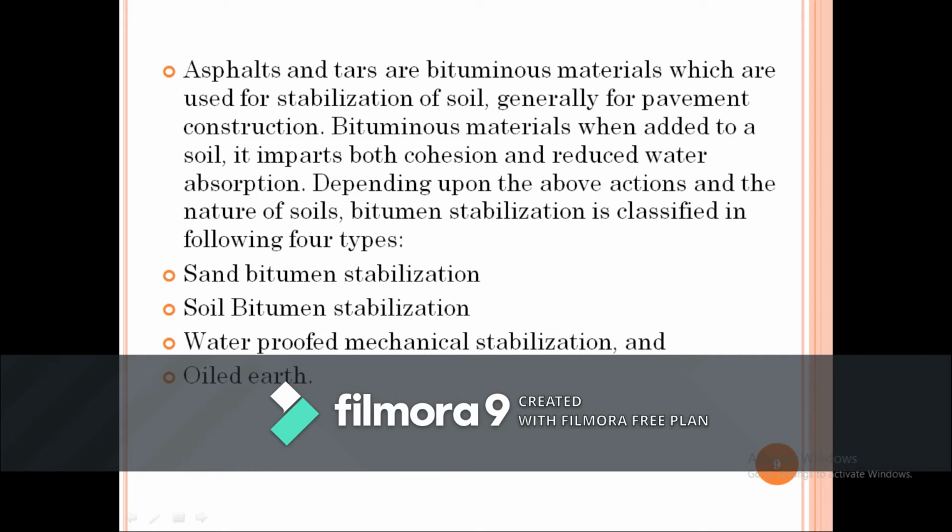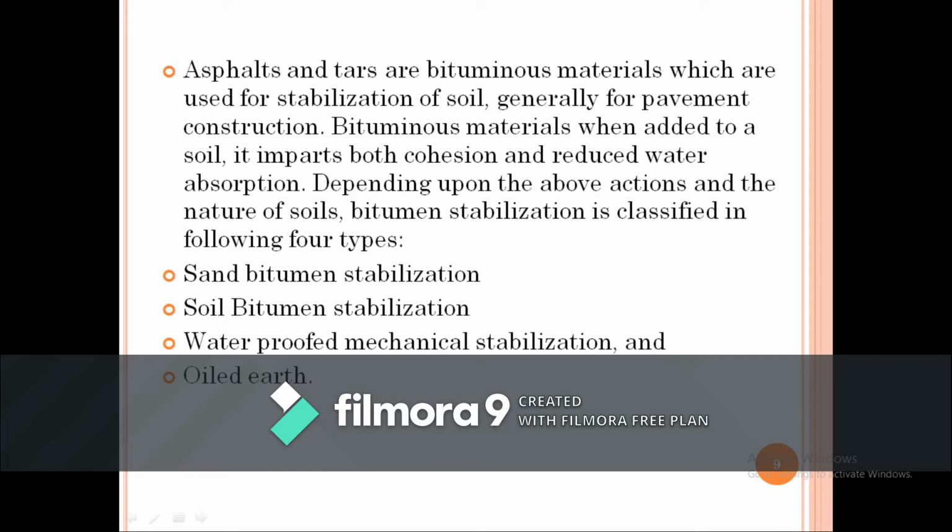These are the two main bitumens we generally use. Asphalts and tars are bituminous materials used for stabilization of soil, generally for pavement construction. More than in normal constructions, you use this in highway construction.